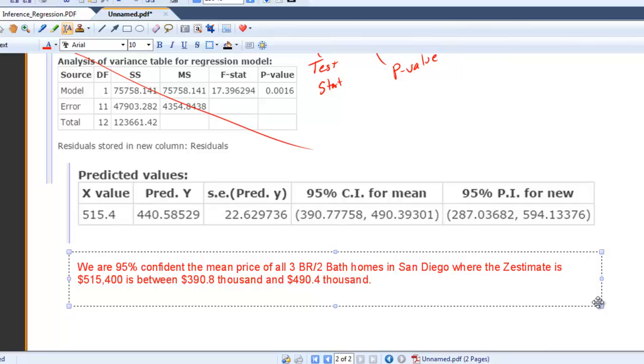Kind of spread out. Why? Because our standard error is pretty high, right?